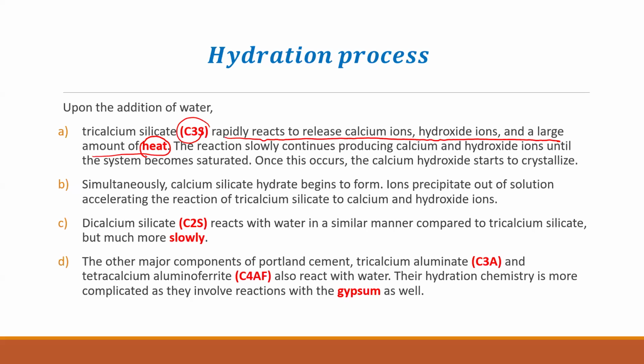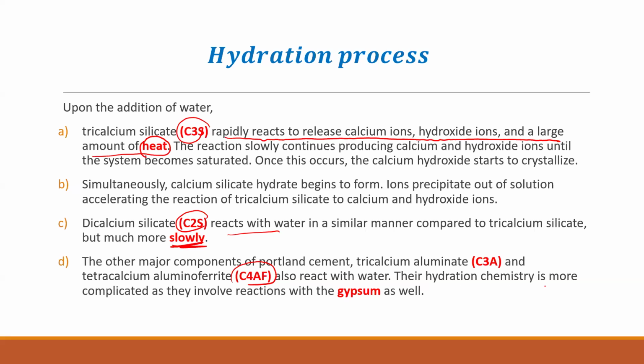Then C2S also starts to react, but this reaction is slow compared to the C3S reaction. So this is happening slowly. The other major components of Portland cement, tricalcium aluminate and C4AF, also react with water.